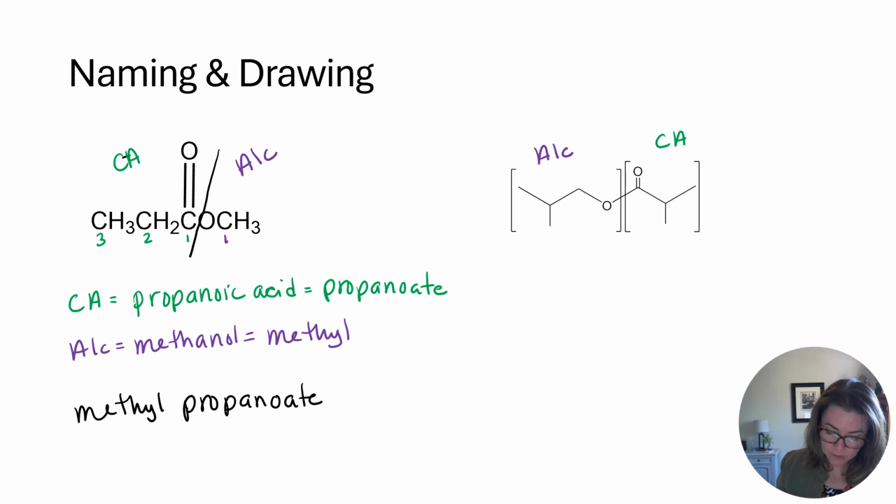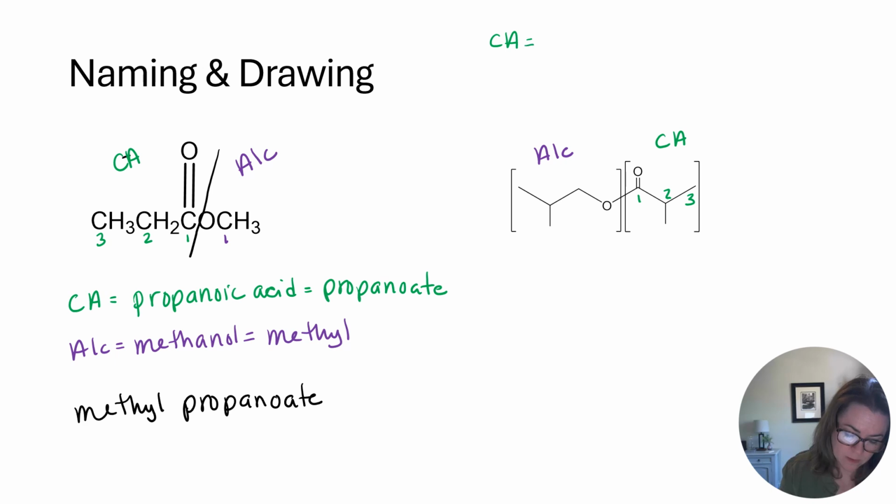All right, so if I look at my acid, this has 1, 2, 3 carbons. So it's definitely going to be a propanoate. Now I do have a methyl group on carbon number 2, so I need to include that.